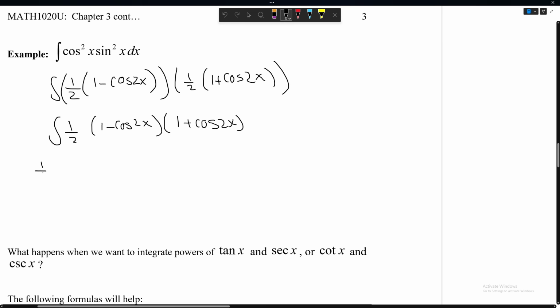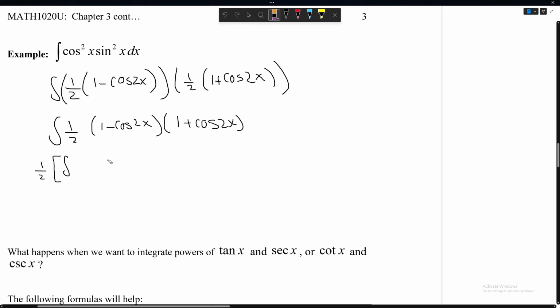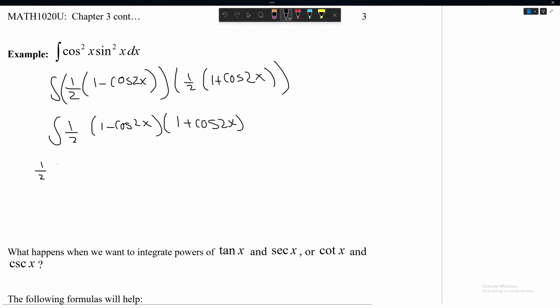So I get 1/2 times the integral of, or I guess a cleaner way to do this is just the integral. Just don't forget that this is times. When I FOIL, I'll get 1 times 1, which is 1. Negative cos 2x times 1, which is negative cos 2x.